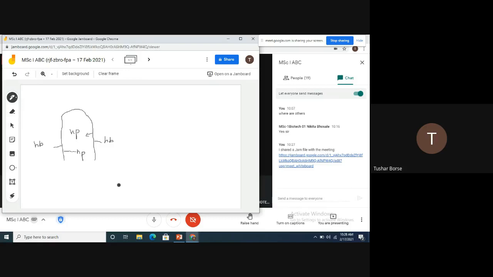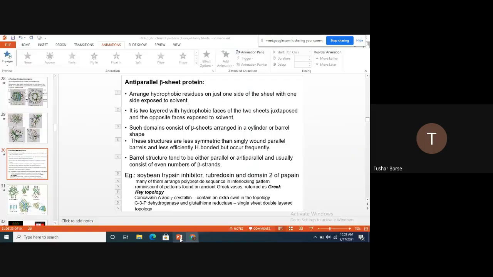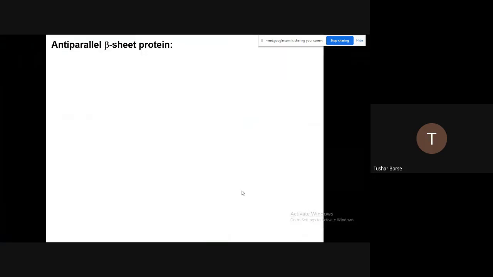In this case, I showed you the hydrophobic residue R groups pointed outside. It could be the hydrophilic residues pointed outside. That way you can imagine, which will help you understand this type of protein called anti-parallel beta sheet proteins.